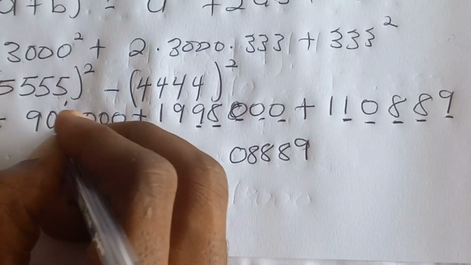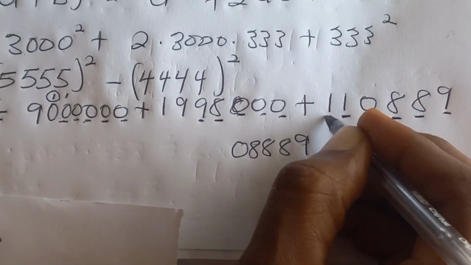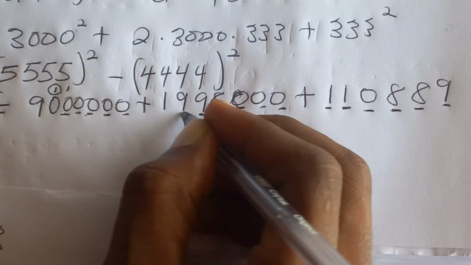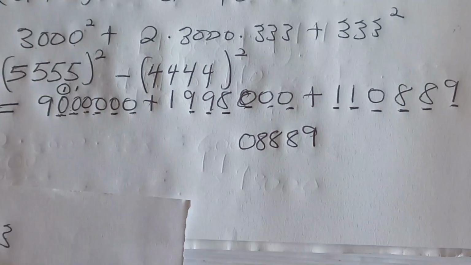Now 1 plus 9 is 10, plus 0 plus 1, which is 11.